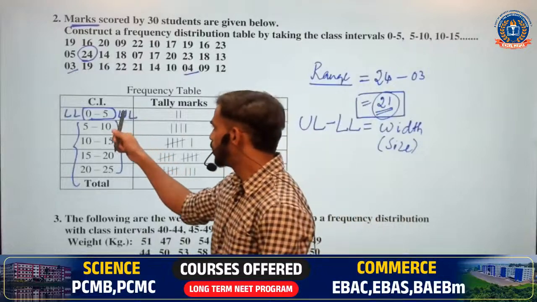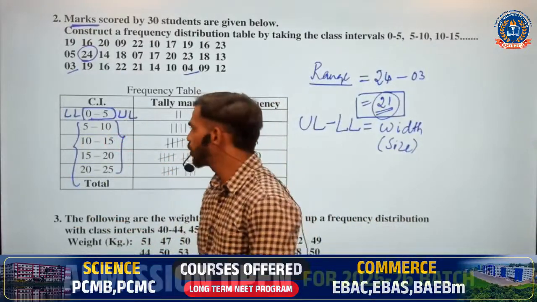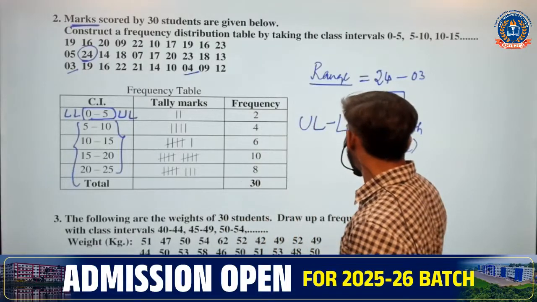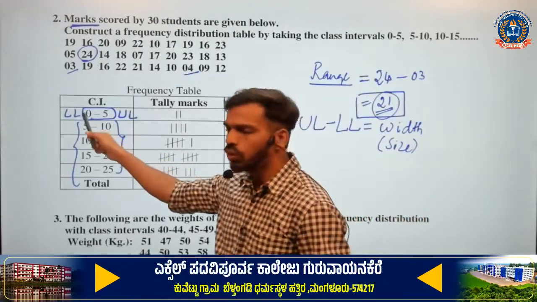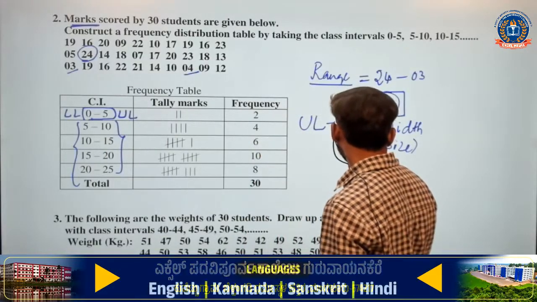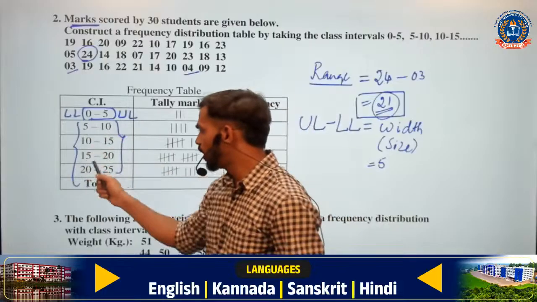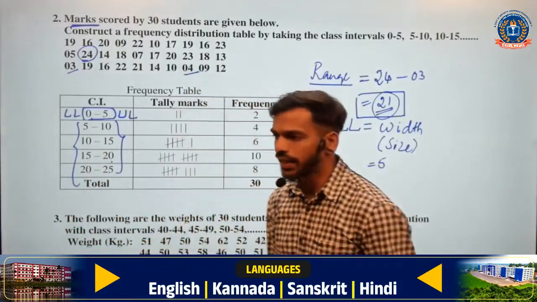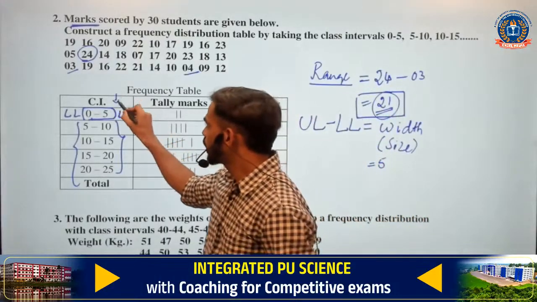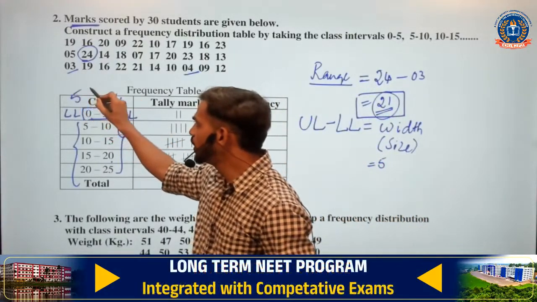Upper limit minus lower limit. You can calculate the width of the first class here: 5 minus 0 is 5, so the width is 5. Similarly, for any other class, 20 minus 15 again ends up as 5. So this is a class interval with width 5.